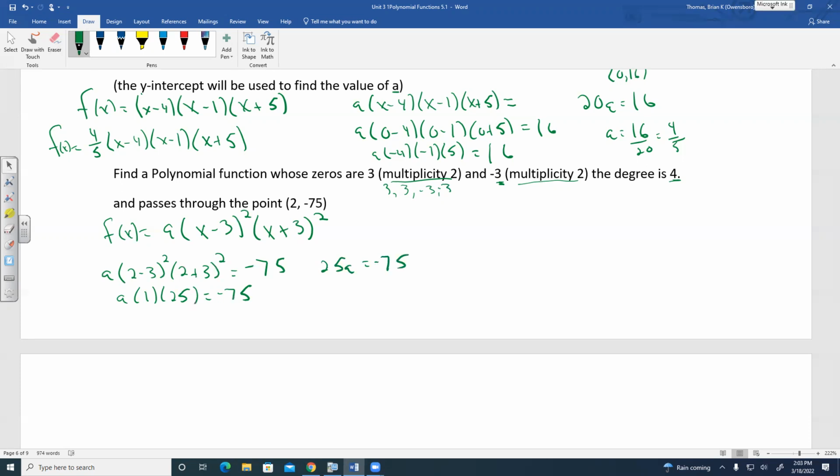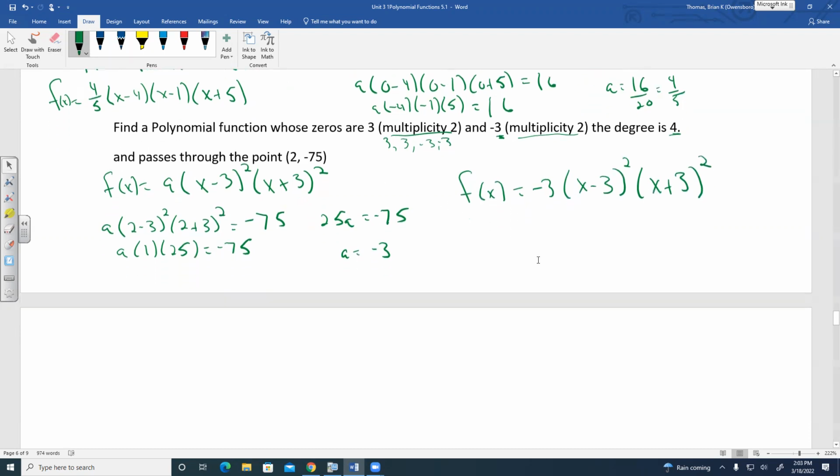And if we divide both sides by 25, a is going to equal -3. So my answer here should be f of x equals, the a is going to be -3, times x minus 3 squared times x plus 3 squared. That would be the polynomial function. I would try to put that into MyLab like that first, but if it doesn't take it, we would be required to then expand that all out.